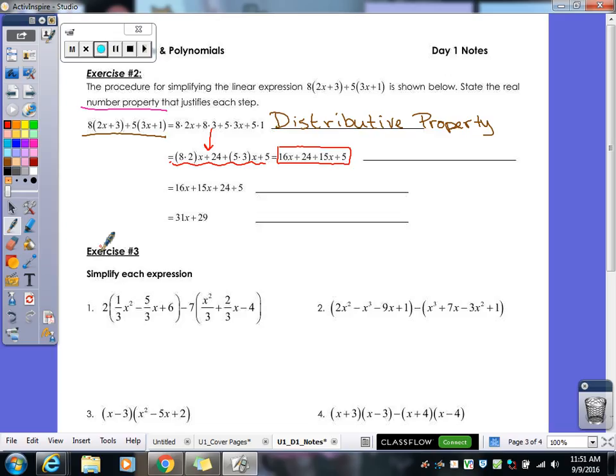Didn't they group some stuff together here? What's that property that allows us to group things? Associative. So we used associative property. And then to get from there to there, they just simplified. They actually multiplied your 8 times 2 and then your 5 times 3.